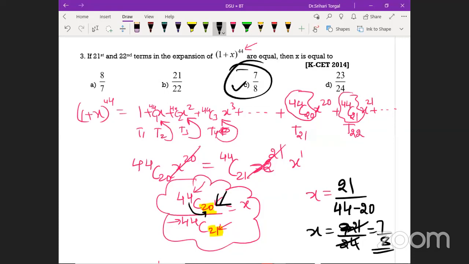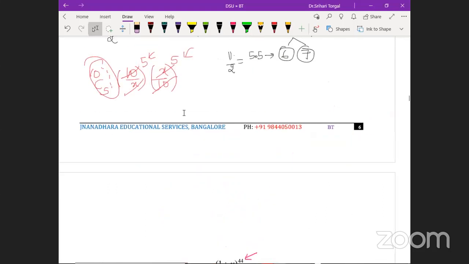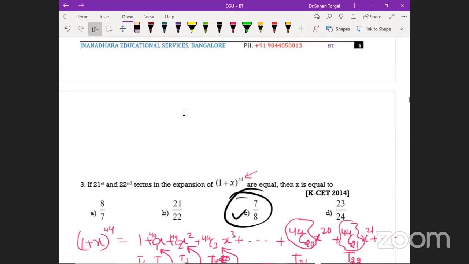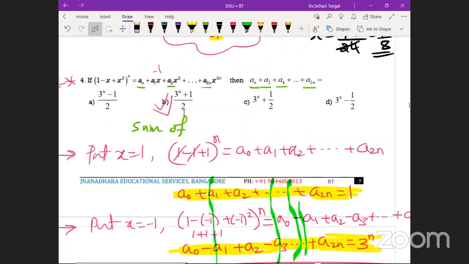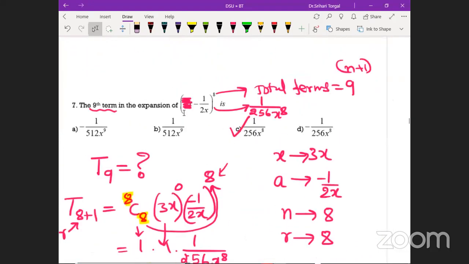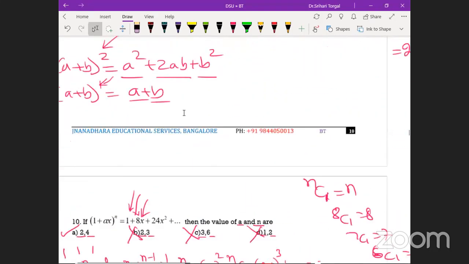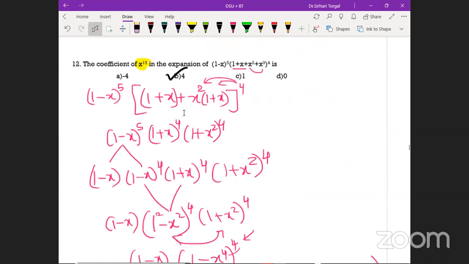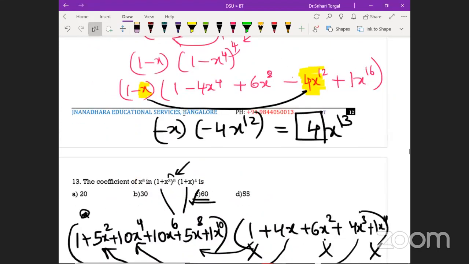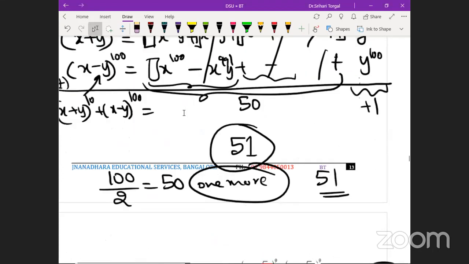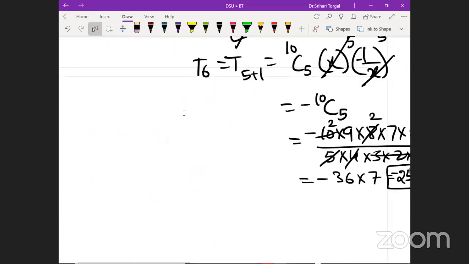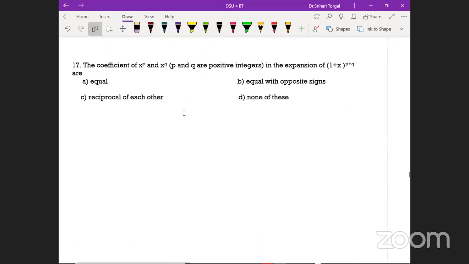Right. Let me move on to the similar kind. First two problems are over. Now question 17. Notice, it is a similar type of problem.